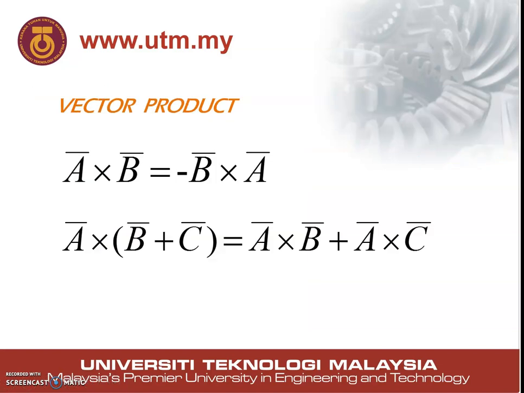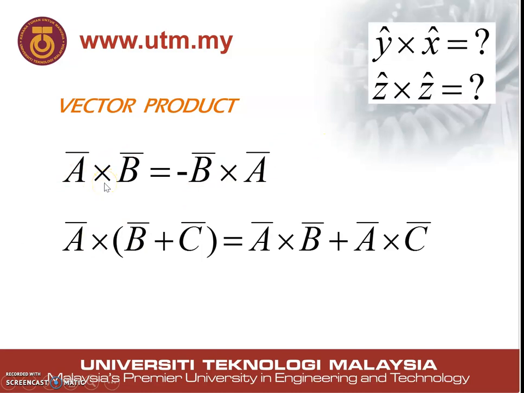So for vector products, A cross B is not equal to B cross A. It must have the opposite direction, although it has the same normal.